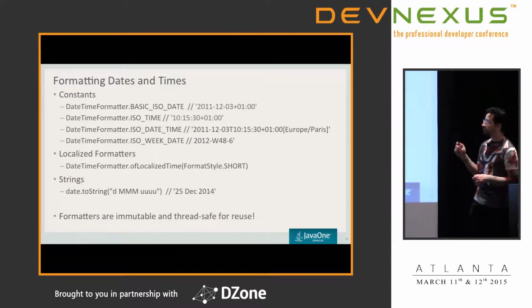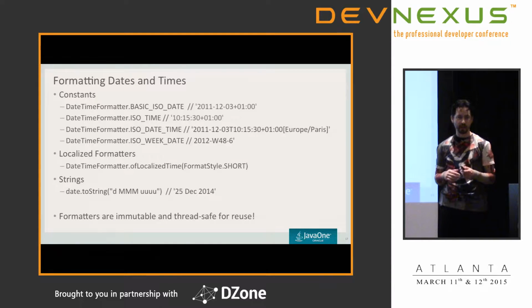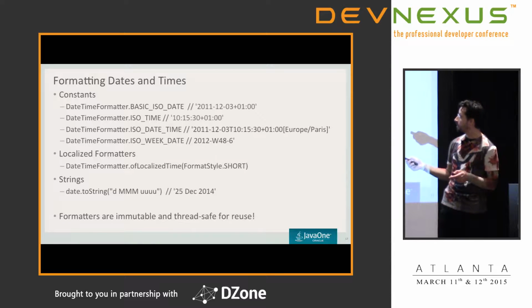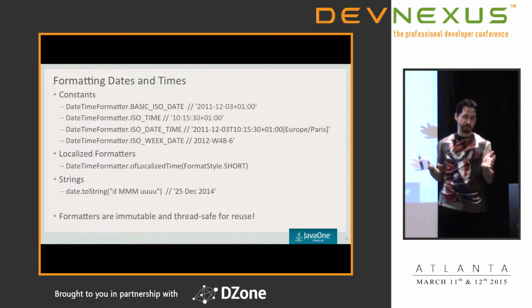All right, so there's a bunch of different options for doing formatting of dates. It's kind of like the simple formatters from the old date and time APIs, but they have a nice set of built-ins. So you can do basic ISO date, ISO time, ISO date time, ISO week time. You also have localized formatters, and this is what I'm going to use as an example. These are kind of nice because sometimes you want to keep your code locale friendly.